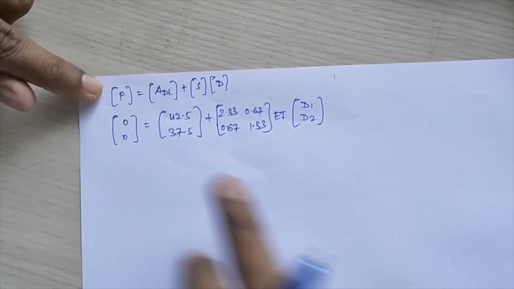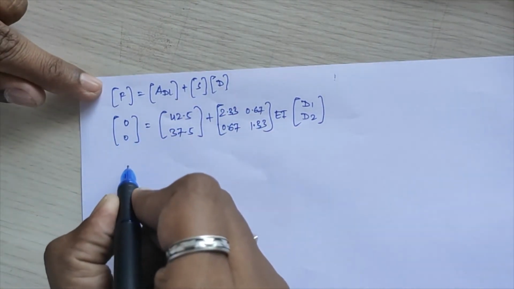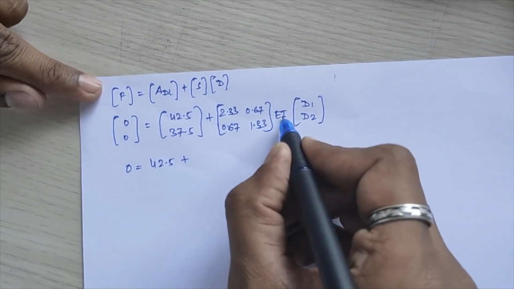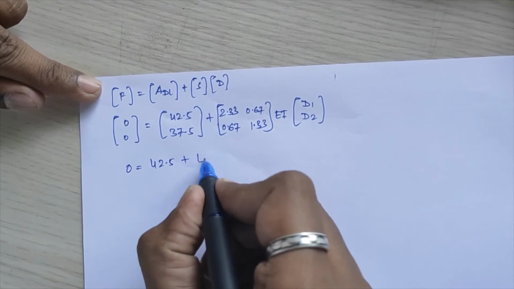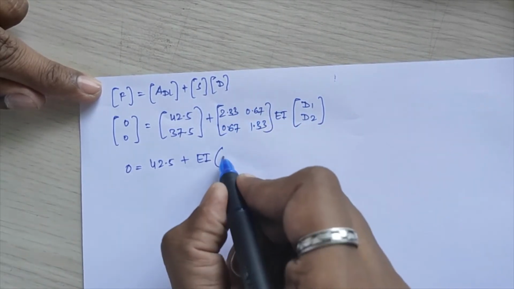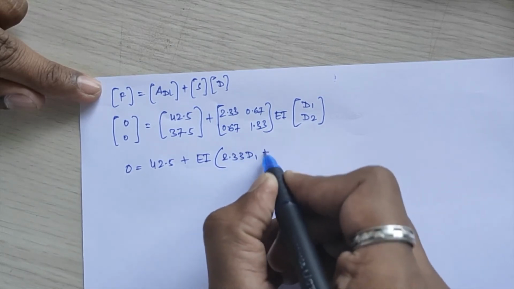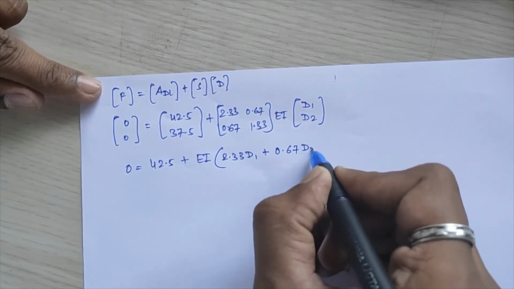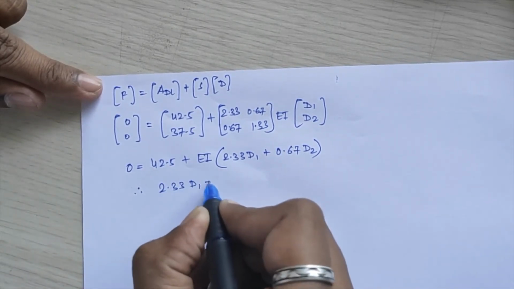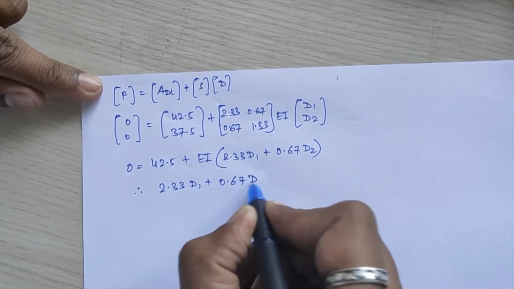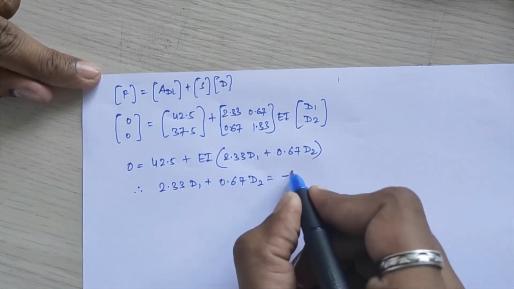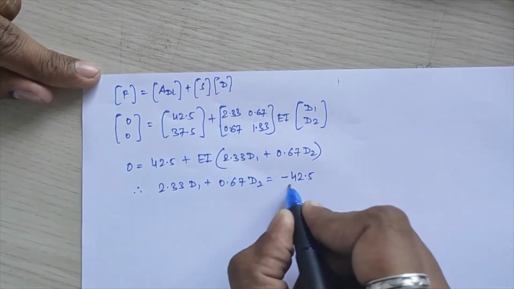Okay, so what I will get, suppose the first equation, 0 is equal to 42.5 plus EI multiplied to this. So EI common from this, I will get row multiplied by column, 2.33 of D1 plus 0.67 of D2. If you simplify this, what I will get, 2.33 of D1 plus 0.67 of D2 is equal to, after going to LHS side, that will become negative 42.5, and this EI will get divided.